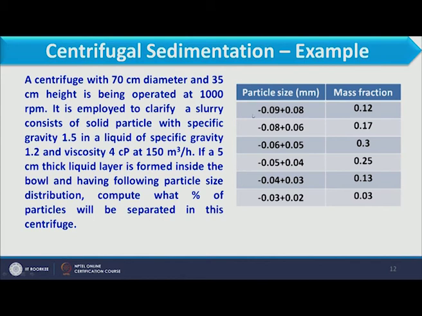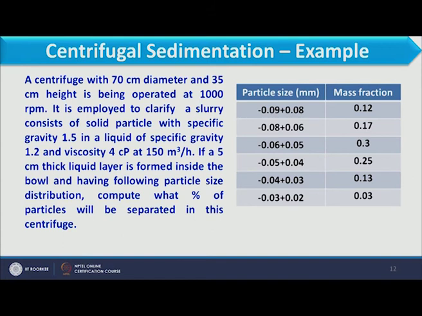and the particle size data is available over here, that is particle size minus and plus, and all the fractions which are available on this screen. We have to use this data to calculate the percentage of particles which can be separated. First of all, all flow rates we know, that is the Q value we know.